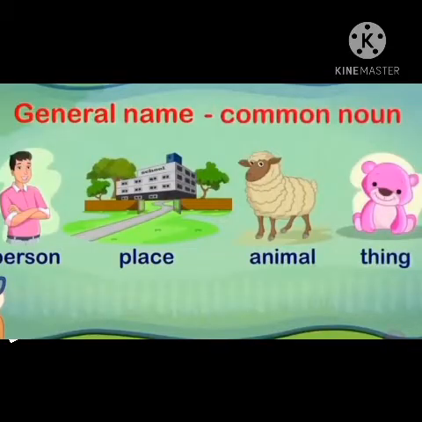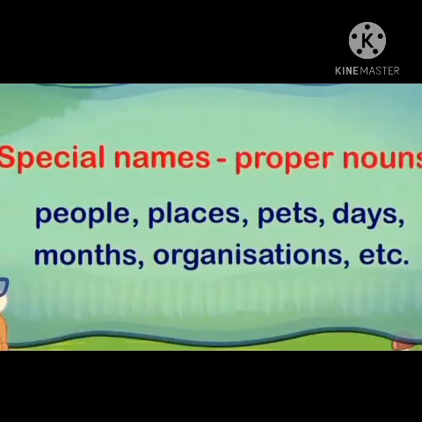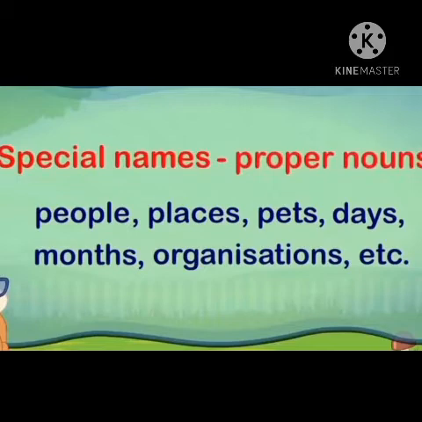General names of a person, place, animal or thing are common nouns, while special names of people, places, pets, days, months, organizations, etc. are proper nouns. Let's see one example.